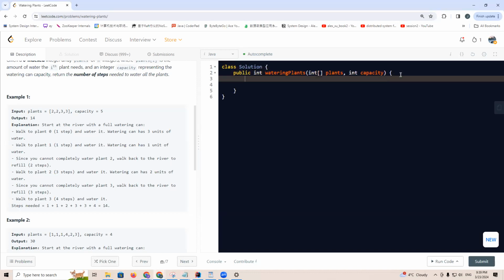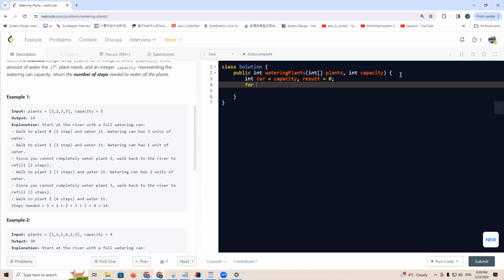We need a variable called current water, which at the beginning is the capacity. And let's have a result equal to 0, right? So for int I equals 0, I smaller than plants.length, I plus plus.